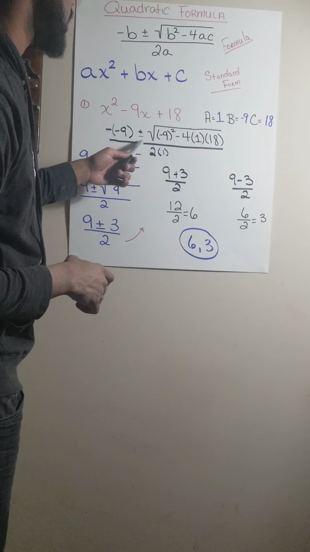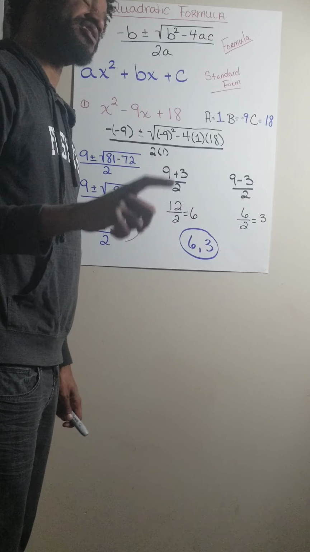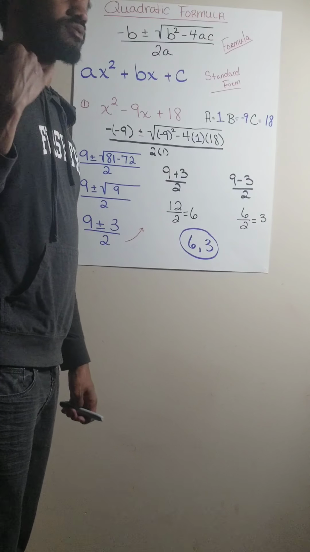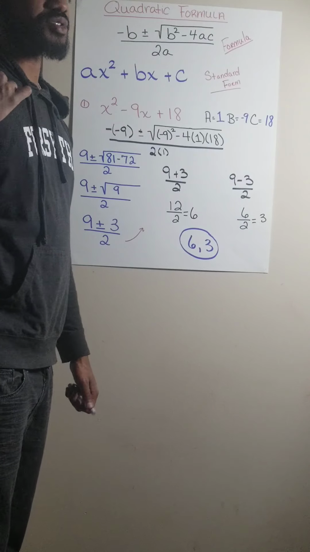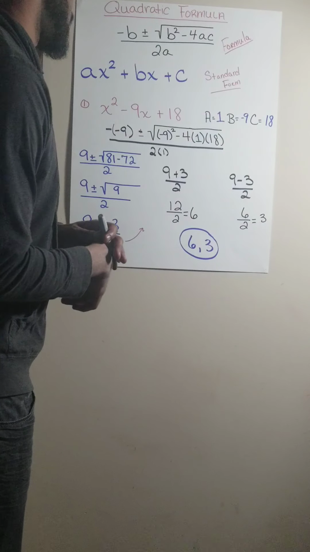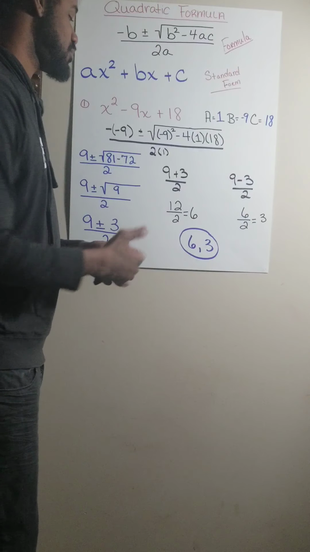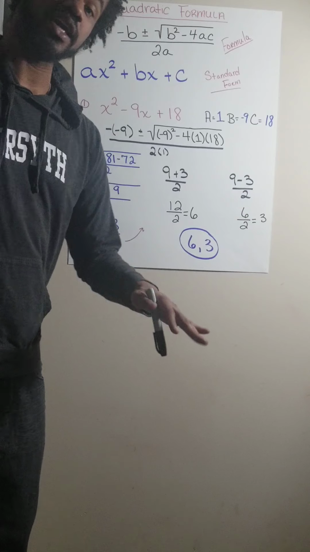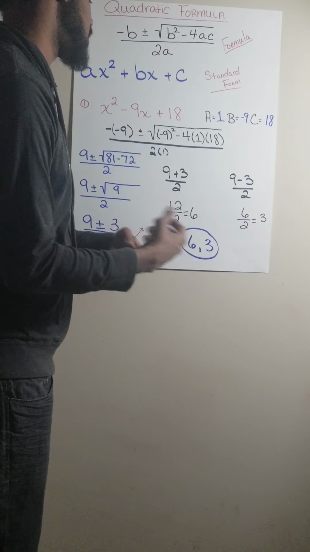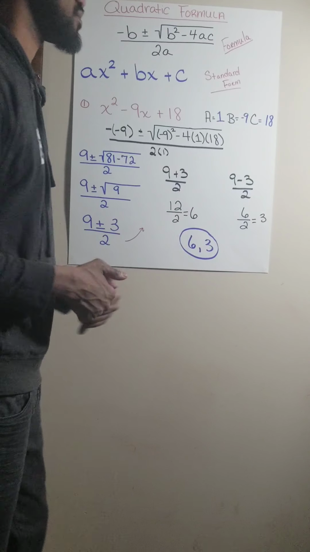My plus or minus, and I'm not sure if I said it before, it may have been on the video that I had to delete, but that plus or minus tells you that you're going to have a positive and a negative form of your equation. Not answer, just a form of the equation that you're trying to solve. You're going to have a positive and a negative.